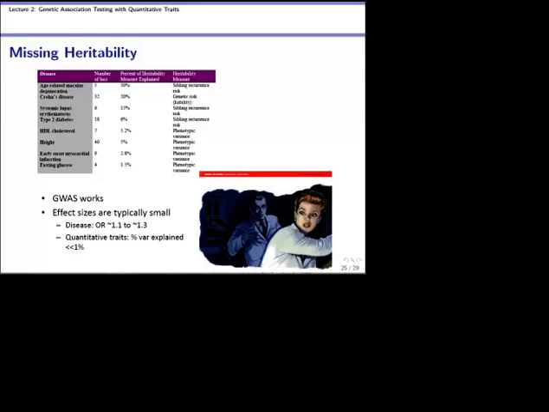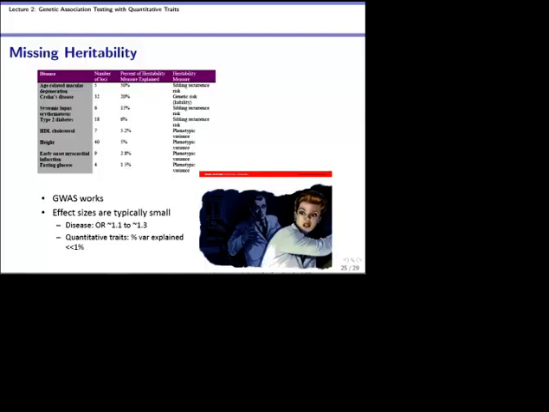Height is 80% heritable. So what were some of the issues? Combined effects of different variants. Small effect sizes, right? So you had to combine them. What else? If you have small effect sizes, what do you need to detect them? Huge numbers.